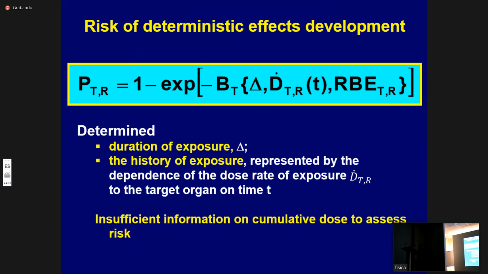The main patterns of development of severe deterministic effects of irradiation are as follows. Due to the variability of individual radiosensitivity of people, any effect is characterized by a range of threshold doses for the appearance of the effect. Different tissues of even one organ differ in radiosensitivity.